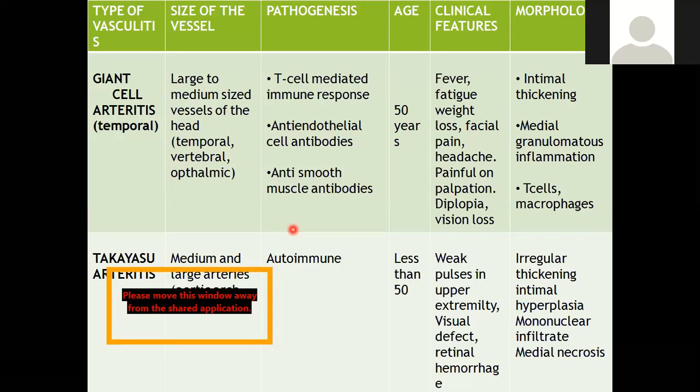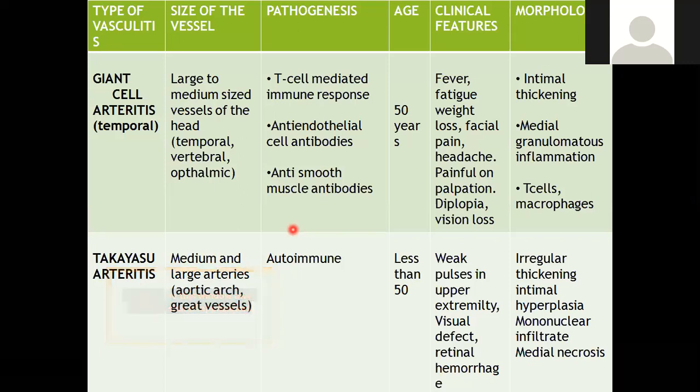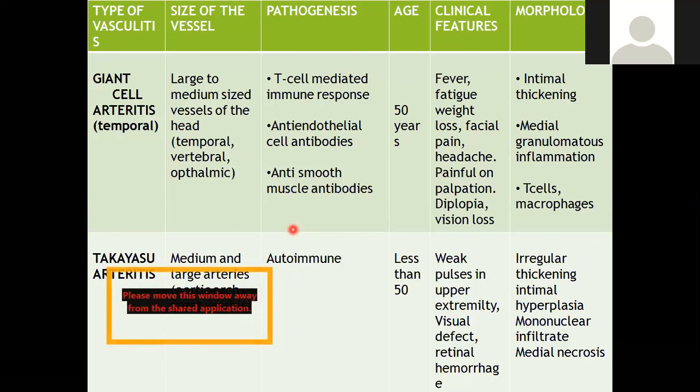Starting with giant cell arteritis, as I told you, this is also called temporal arteritis, and typically it occurs in patients older than 50 years. So, in a clinical scenario in which the age is 40 or 30 or 20, it is not temporal arteritis, because in 95% of the cases, the patient age is above 50 years, right?